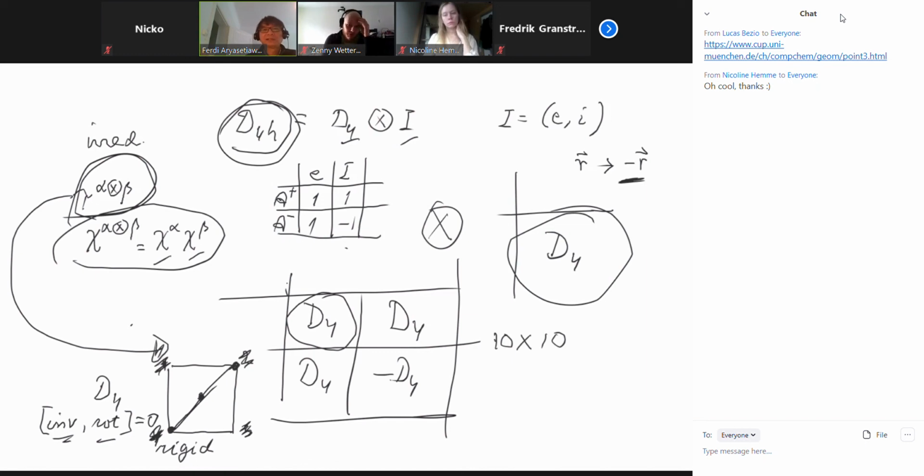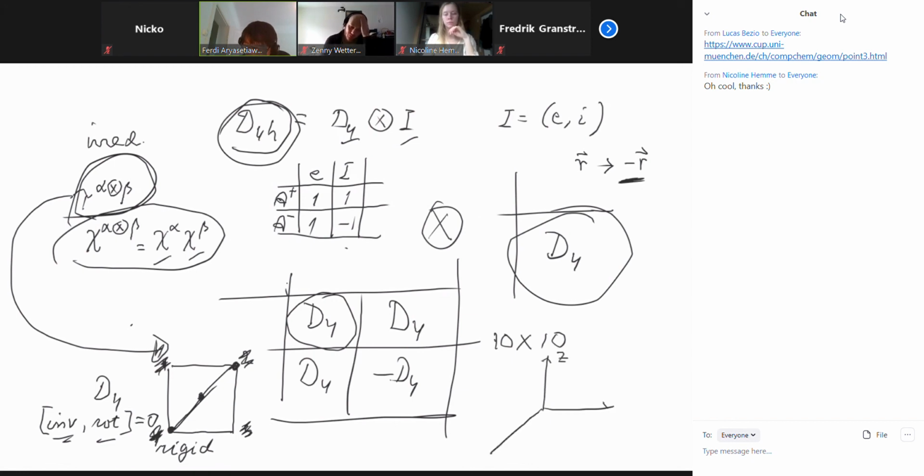So the inversion you cannot write as a continuous rotation. So it's not a rotation. Think about the sphere or something.